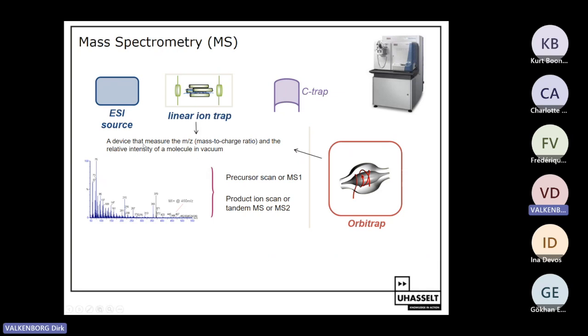In doing so, we produce a mass spectrum. Well, this is a hybrid instrument, so it has 2 mass analyzers, as we call those. There is an additional C-trap, and that C-trap is needed to inject the ions in the Orbitrap, where we also can measure a mass spectrum.